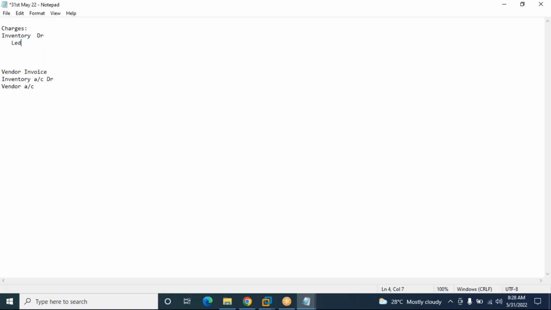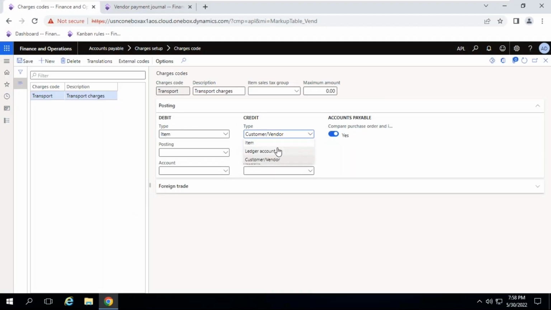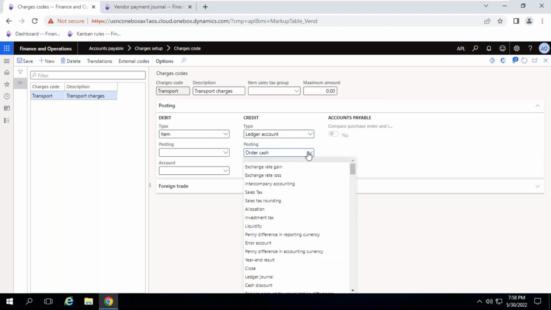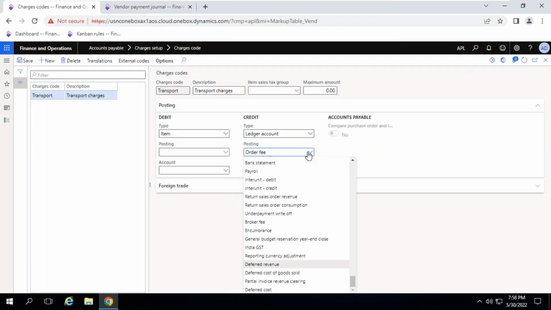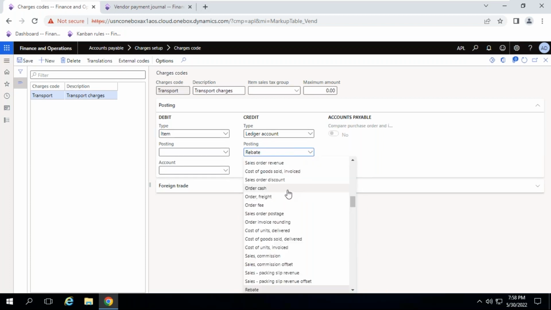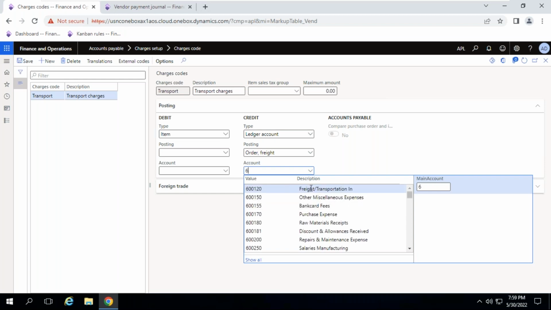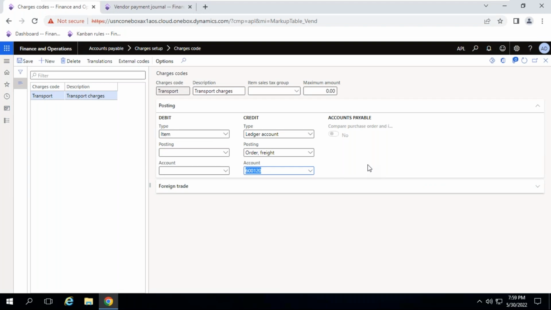At that time you are mapping, let's say, an item, and I will map the vendor, like this. Got it?